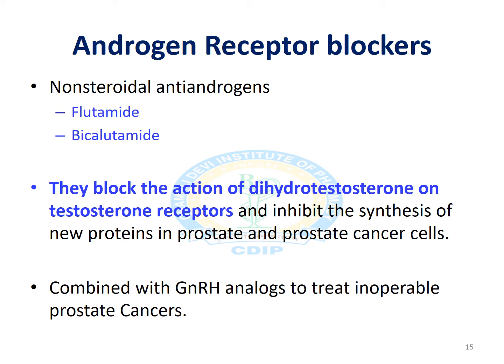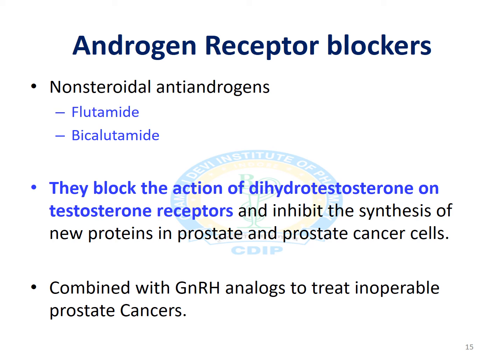Then we have the androgen receptor blockers, which include flutamide and bicalutamide. These are non-steroidal anti-androgens. They block the action of dihydrotestosterone on the androgen receptors, and that is why they are used in cases of prostate cancer. They are combined with gonadotrophin releasing hormone analogs to treat inoperable prostate cancers which cannot be operated on.